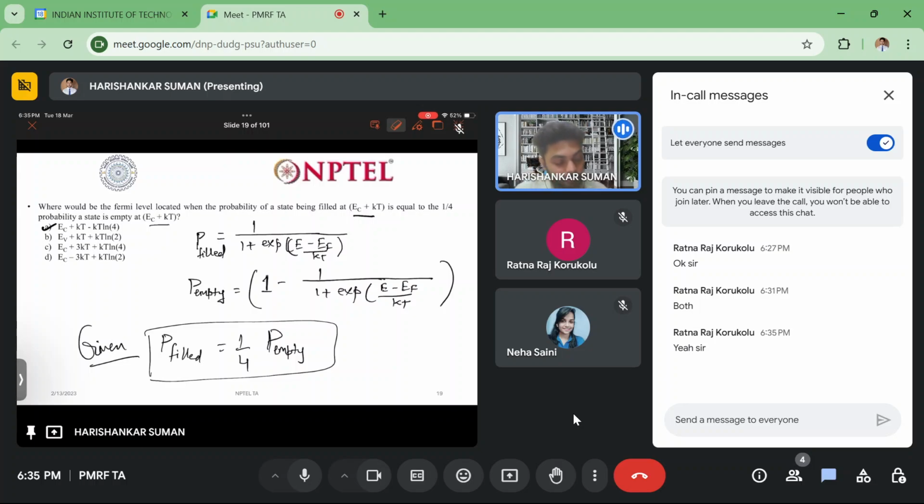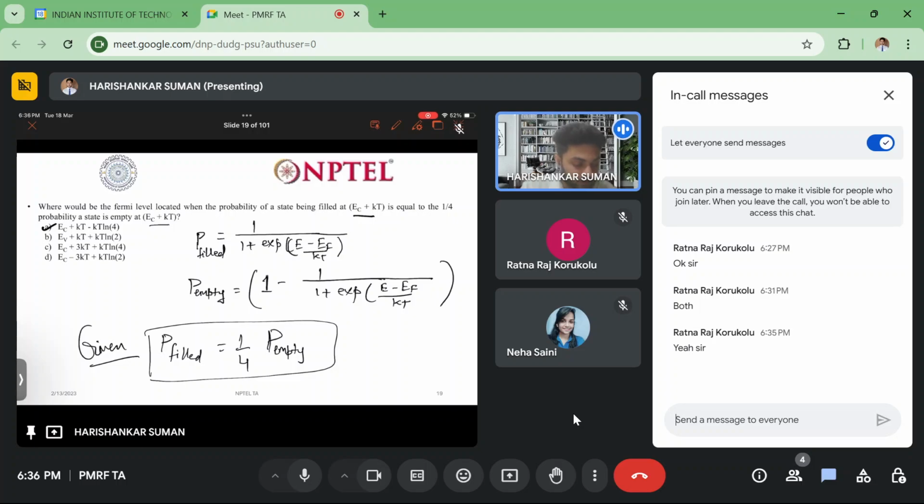So the next question is also based on the probability of a filled or empty state. Where would the Fermi level be located when the probability of state filling at E plus kT is equal to 1/4 times the probability that the state is empty?